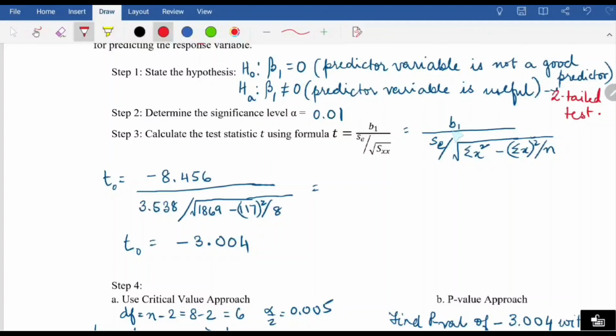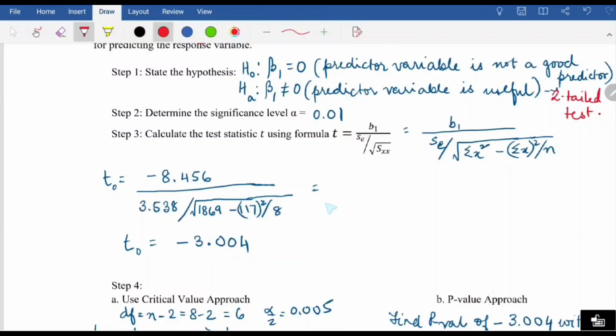So b sub 1 was minus 8.456, right? So just take the values that we found previously. S sub E, we just calculated up there. It was 3.538. And S sub XX, you should have noted the value up there when we did all the different calculations.